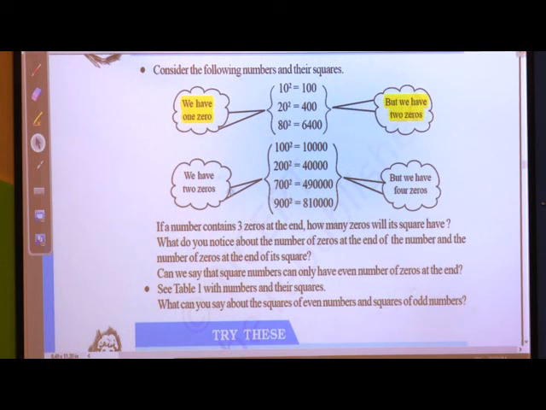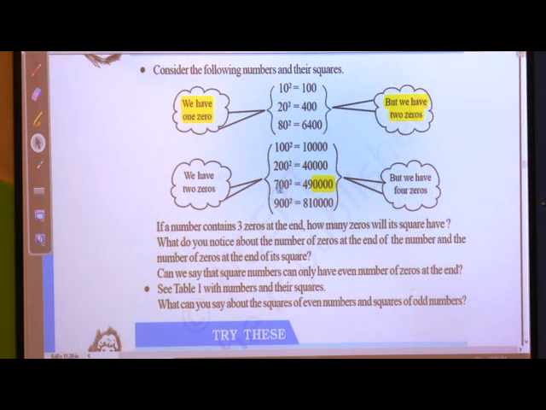Let us see 100 square 10,000, 200 square 40,000, 700 square 4,90,000.